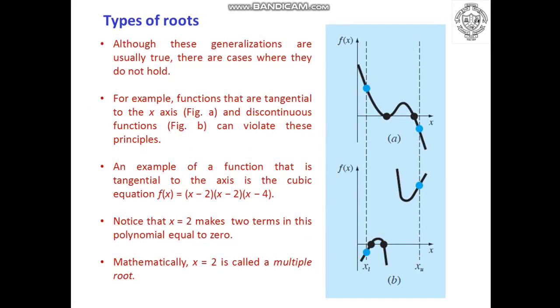where the functions are tangential to the x axis, which you can see in case A, and discontinuous functions that can violate the principles which we have just studied in the previous slides. Why?